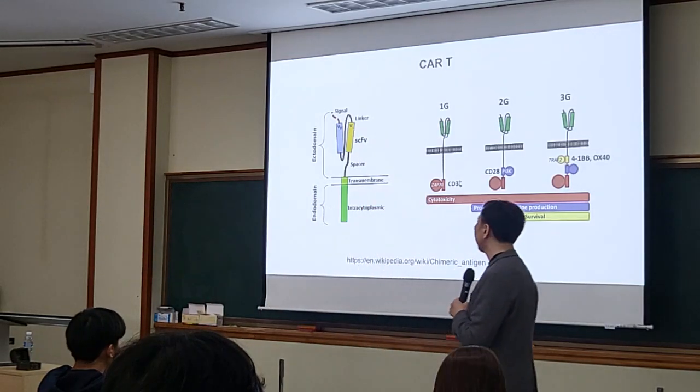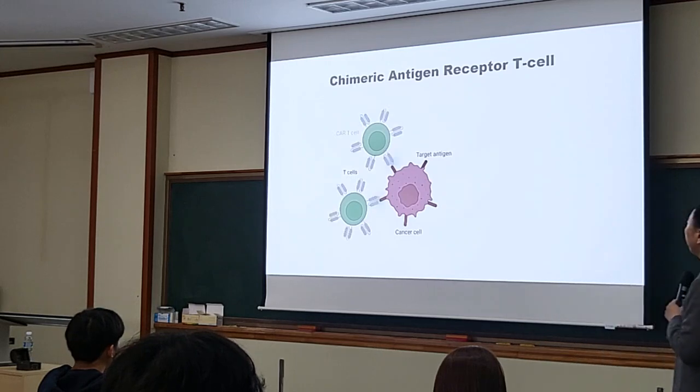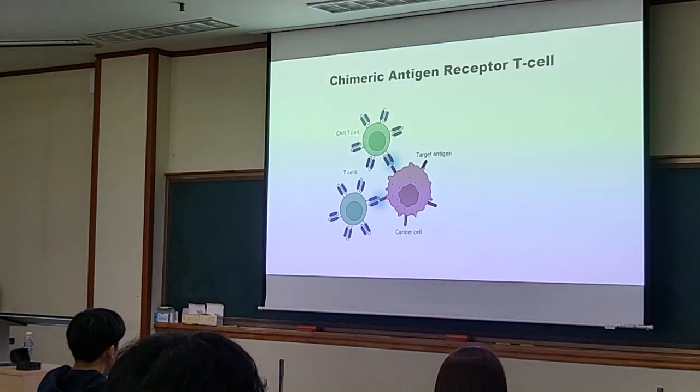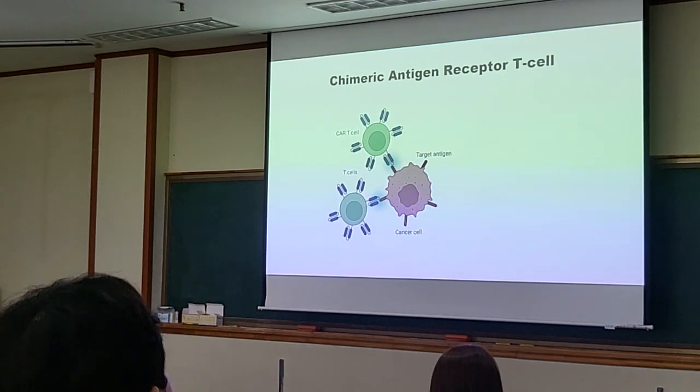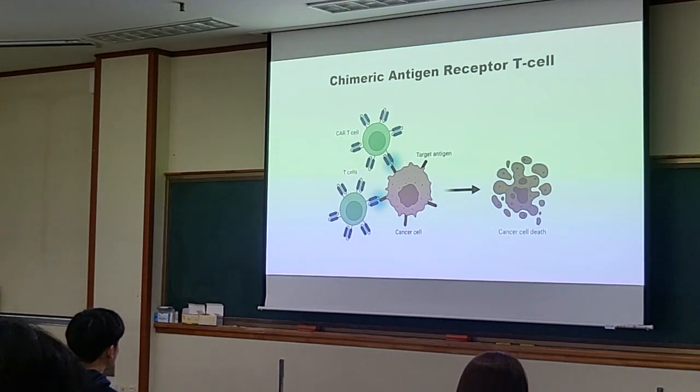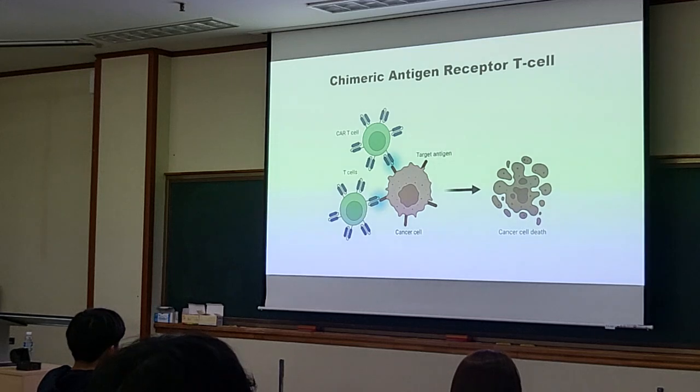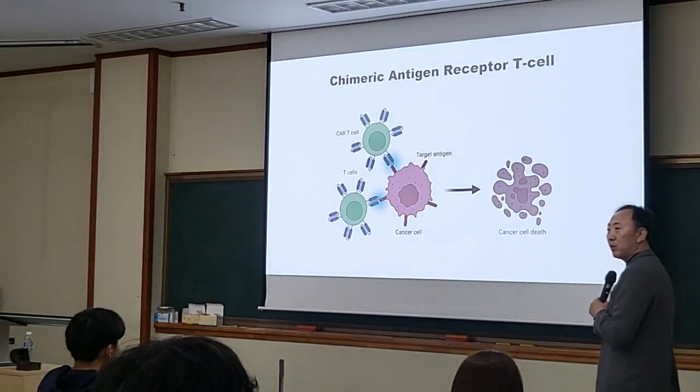Okay. So using this single chain Fv, they can recognize the antigen site and induce the killing of the cells. There was a drama, maybe it was publicity.